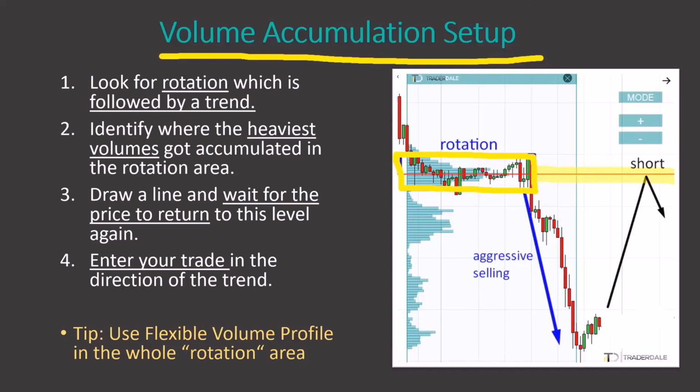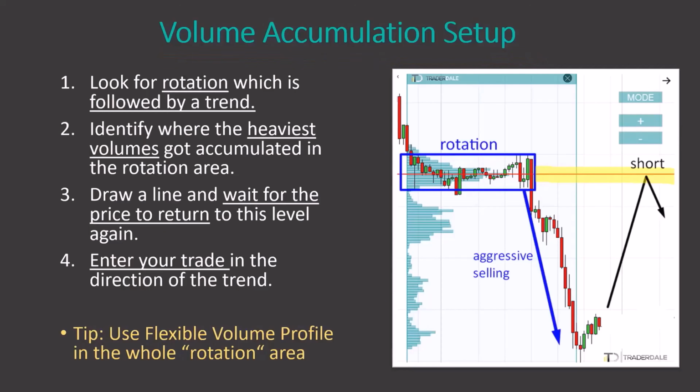All right, so with this setup, the first thing which you want to do is look for a rotation which is followed by a trend. The reason is, in a rotation, heavy institutional volumes got accumulated, big guys entered their positions, and then they pushed the price. In this case, they pushed the price downwards.